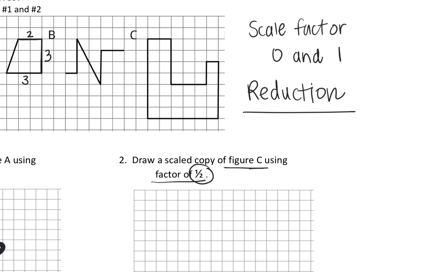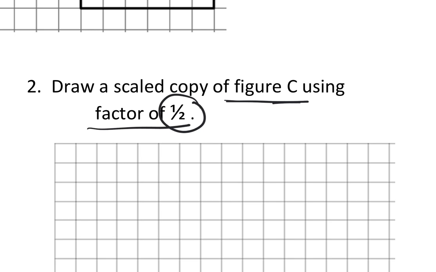Okay, 1/2. I don't know if you recall from when we did dilation, but if you have a reduction, if you're dealing with a fraction between 0 and 1, then there's two options. You can either multiply by the fraction, multiply by 1/2. So that's option 1.